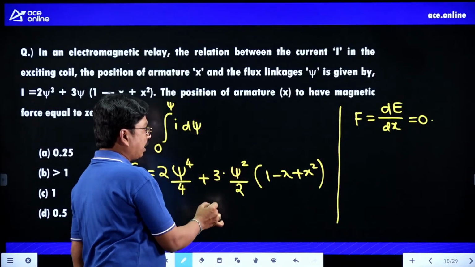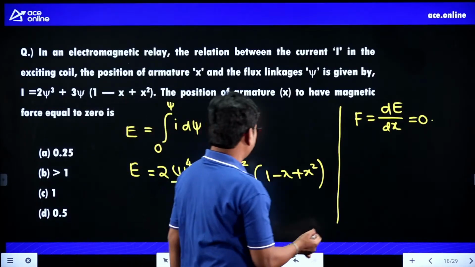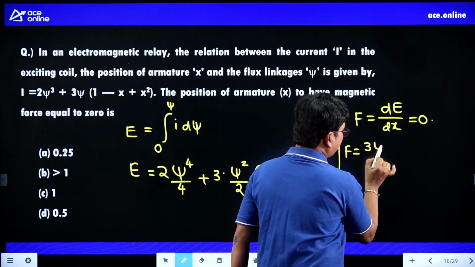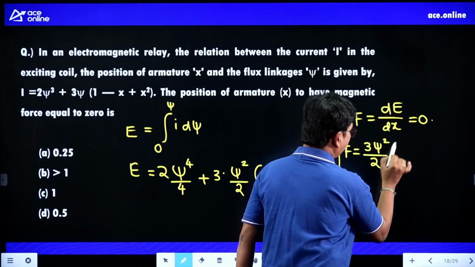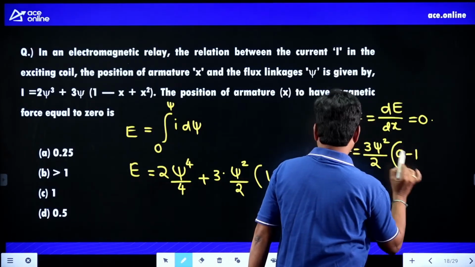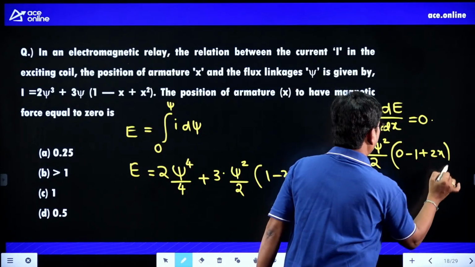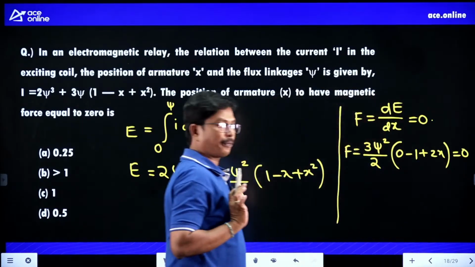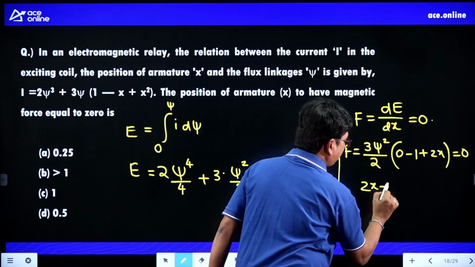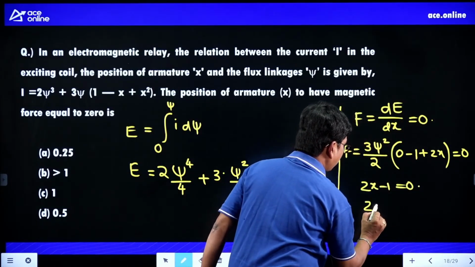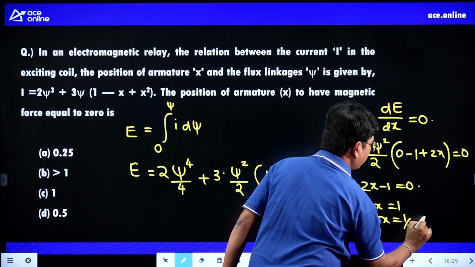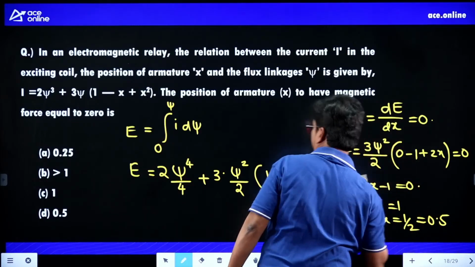In the second term, 3 psi square by 2 is constant. Differentiation of 1 will be 0, and x will be 1, plus 2x, and equate it to 0. So you can send this portion to that side. That will be 2x minus 1 equals 0, and 2x equals 1, and x equals 1 by 2, which is nothing but 0.5.